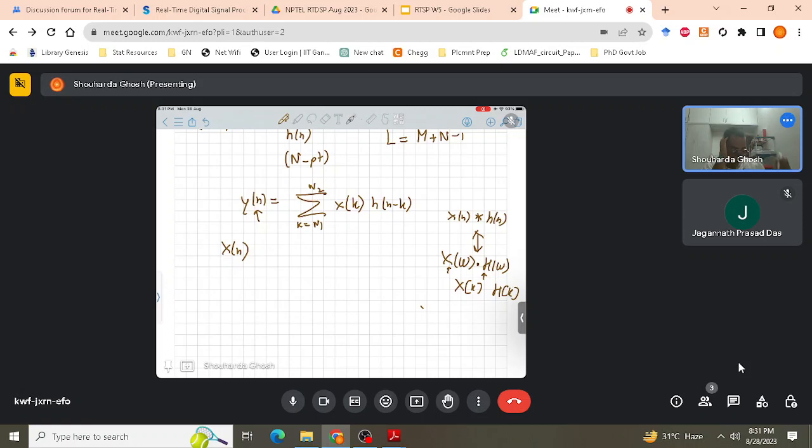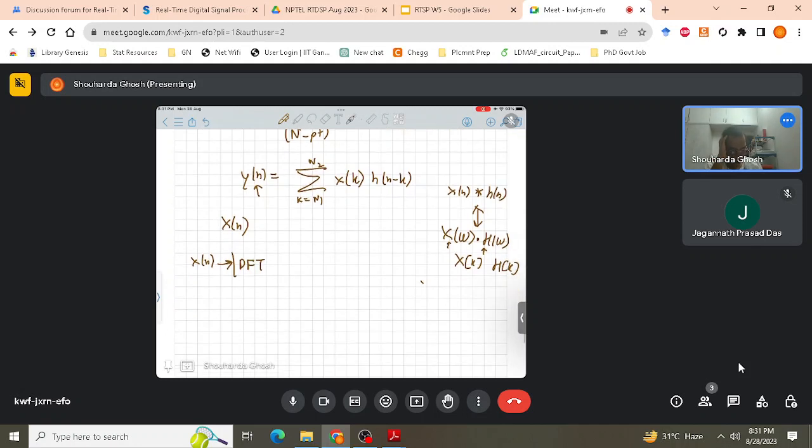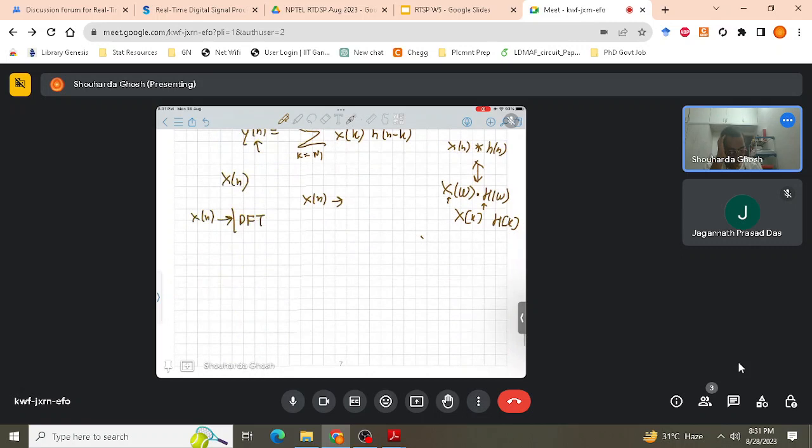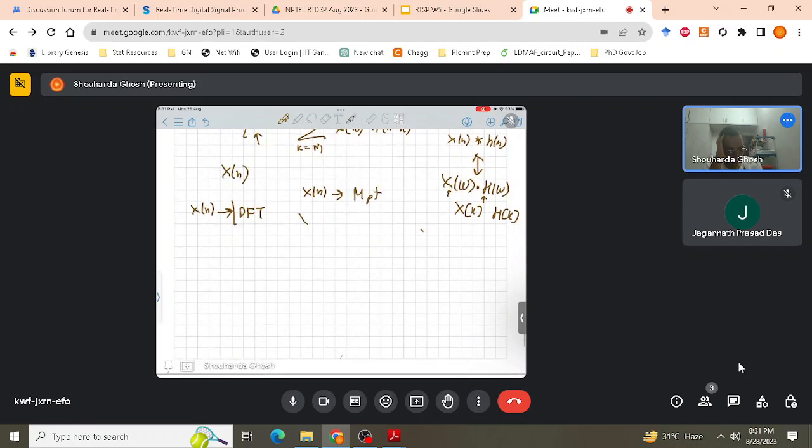If x[n] is an M point sequence, then X[k] will also be an M point sequence. When h[n] is an N point sequence, H[k] will also be an N point sequence.